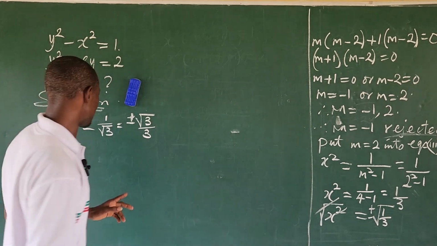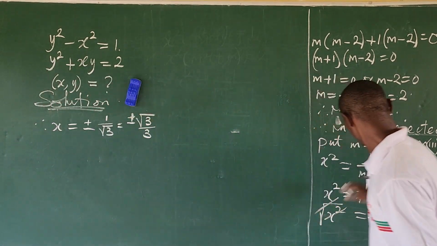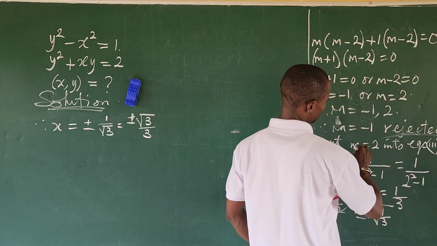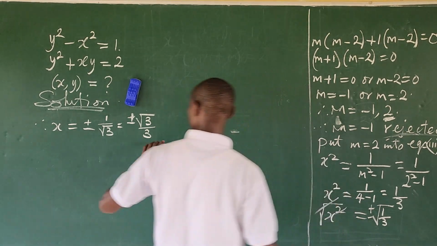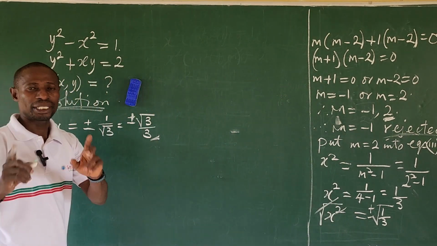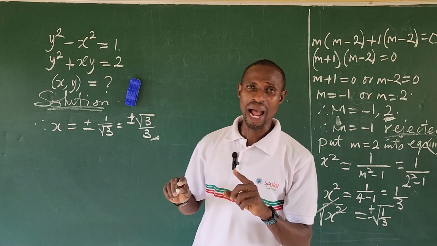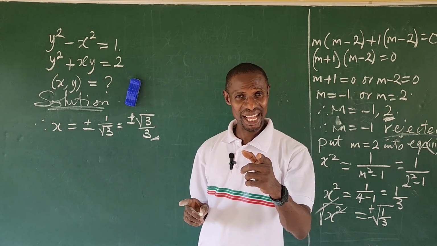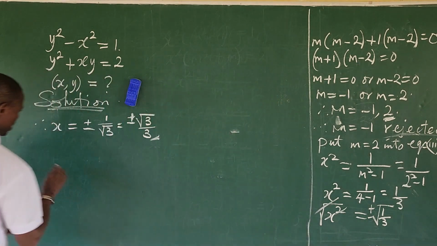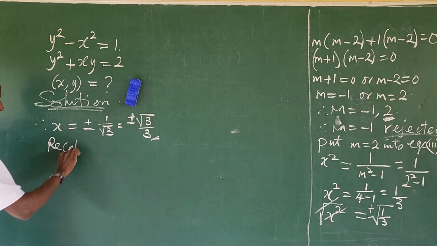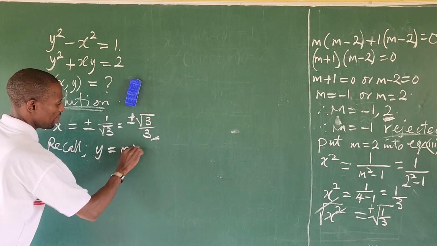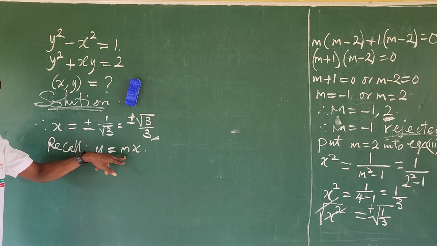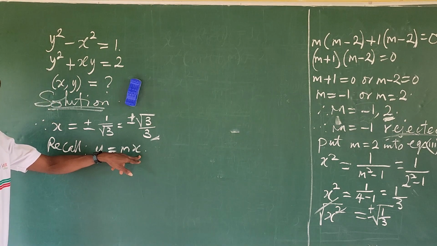Now how do we get our y value from m equals 2 and x equals this? Recall, there's a place where we said let y be equal to mx. We calculated the value of m, we've also calculated the value of x.